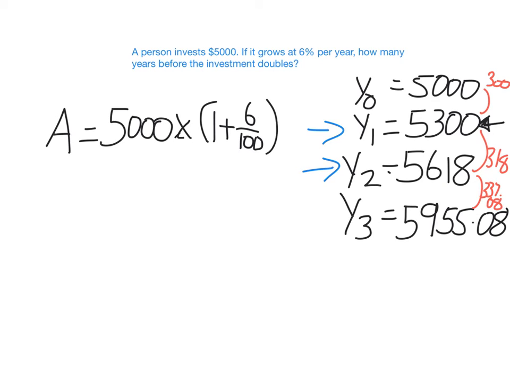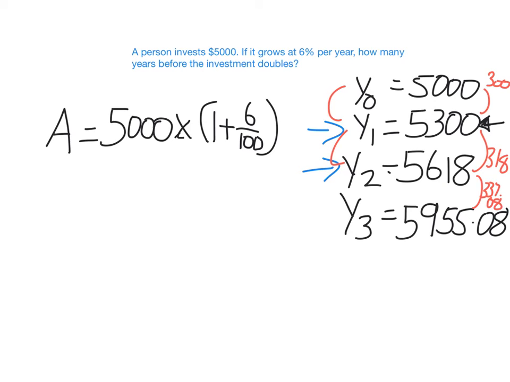Okay, what I'm doing is multiplying that at the end of each year. So to go from year 0 to year 1, I've multiplied 5,000 by 1.06. To go from year 1 to year 2, I've multiplied 5,300 by 1.06. So it's just repeated multiplication.